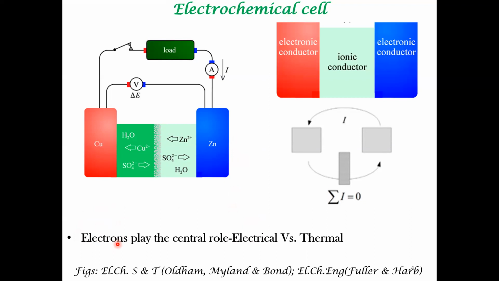This is a very qualitative description. We will make it much more physical, physicochemical, and quantitative as we progress in this course. But the point to be emphasized is that electrons play an important role in electrochemical devices, and electrical activation has enormous consequence and effectiveness as opposed to thermal activation.